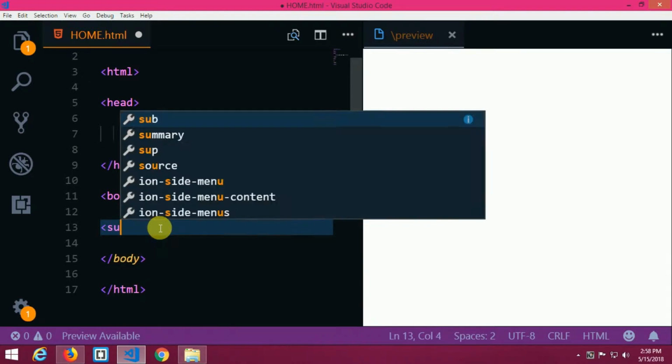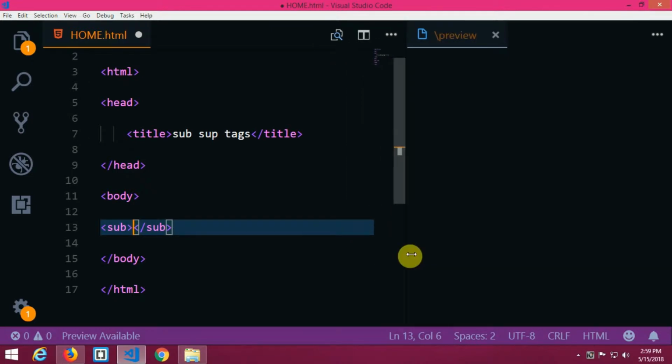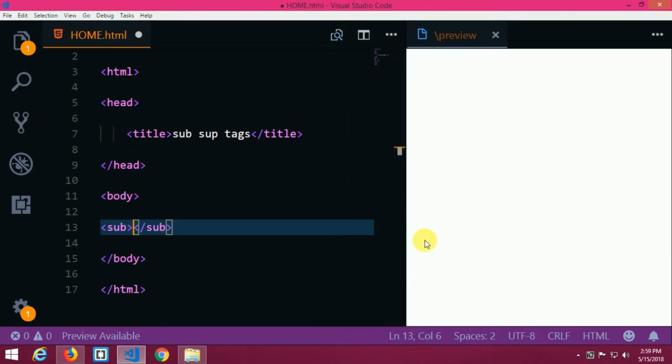So this sub tag is really useful in scientific fields, especially in chemistry. When we have to write chemical equations like CO2, O2, NO2, SO2, O3, we have lots of chemical equations there. So at that time, what can we do?